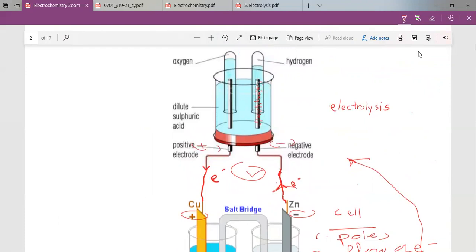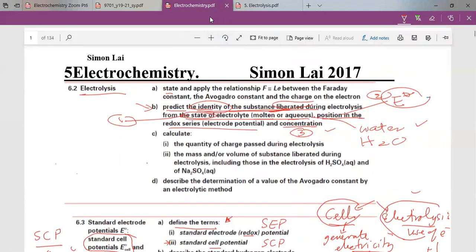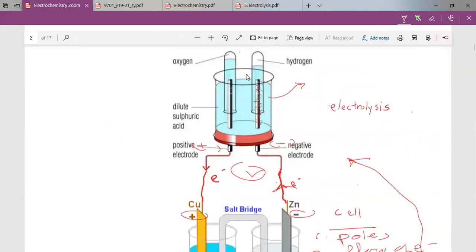Now, what is inside here? To understand the identity of the substance liberated, what is given out, in Form 5 you need to know what the electrolyte is.